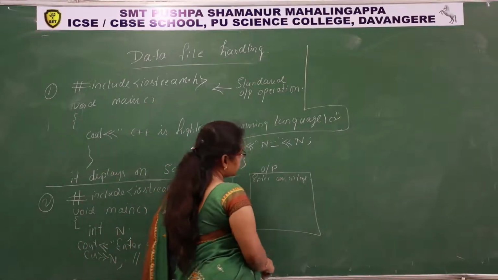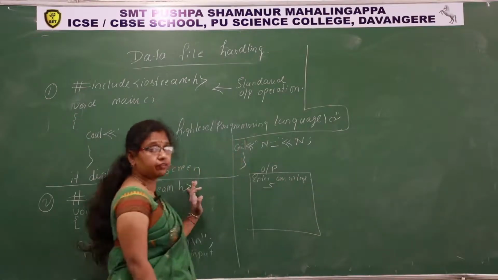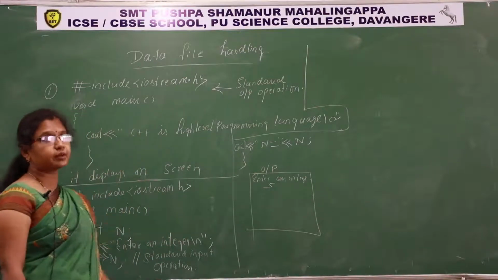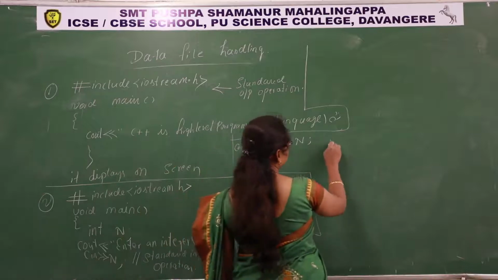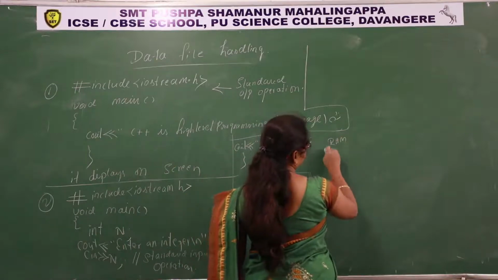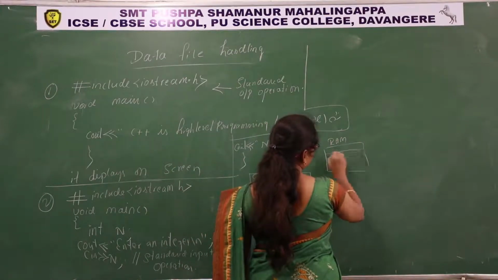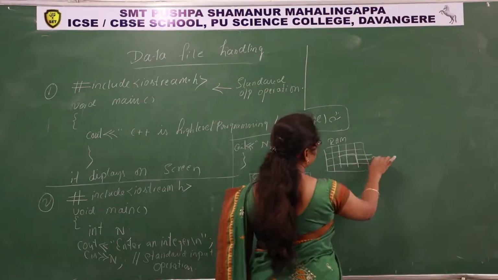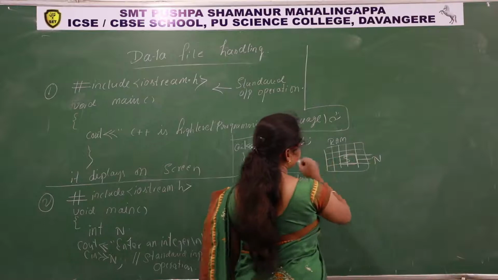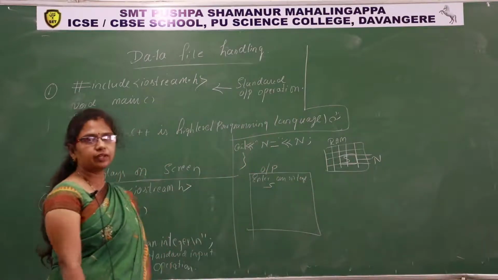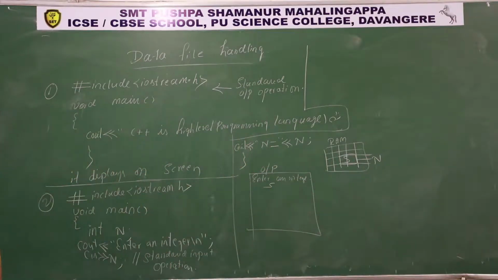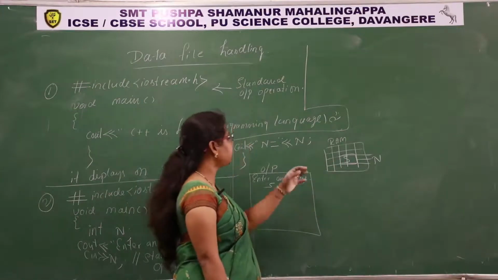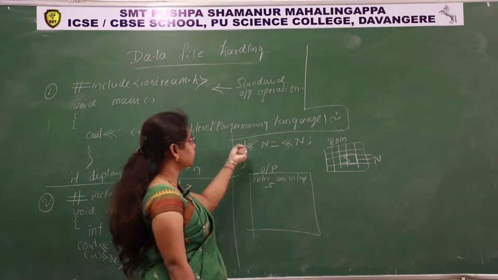So enter an integer. If I give 5, this 5 is stored in RAM. That RAM memory, some 2-byte memory, is identified by n. It contains a 5, not like that; it is converted to binary. Okay, so 5 is stored in this memory location. Now I want to fetch the data and display it on the screen.